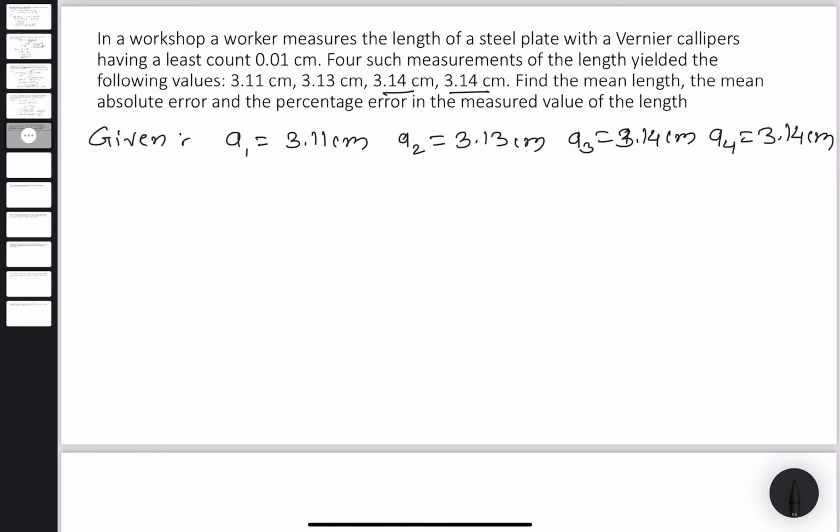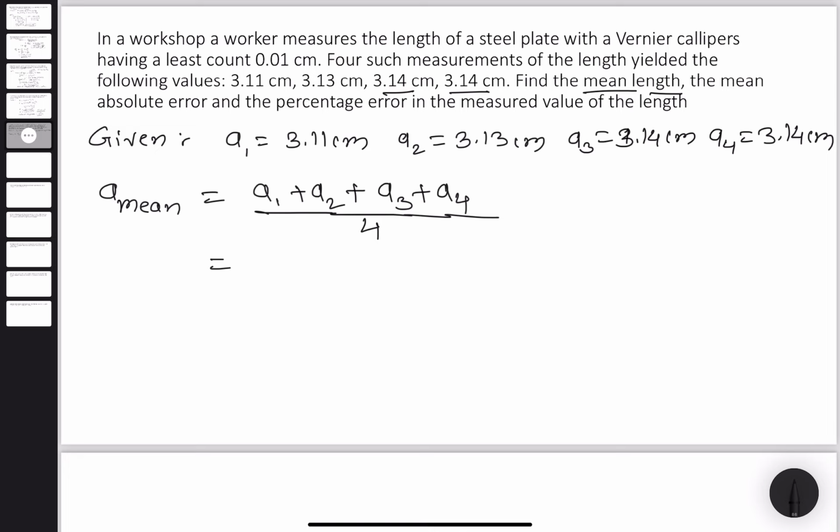So first we will calculate the mean length. First we will calculate a mean. For a mean we have the formula, that is a1 plus a2 plus a3 plus a4 divided by 4.